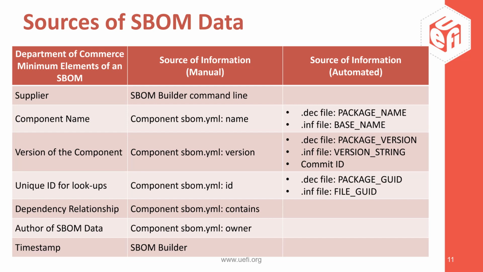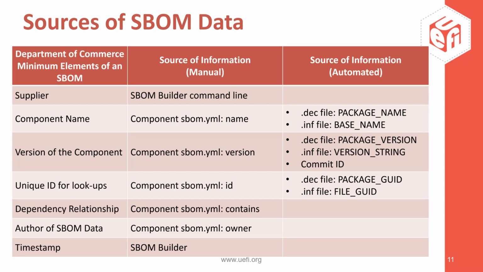So the supplier, essentially, is the entity that owns the firmware. We think the best option is to pass it as a command line parameter for the SBOM builder, because it's important to get this right. If we put it in any file, there is always a big danger that people will forget to customize it.